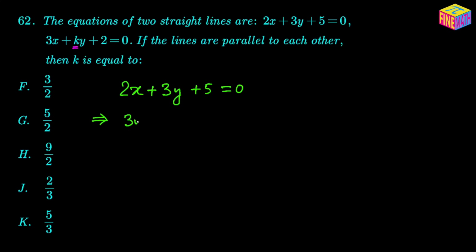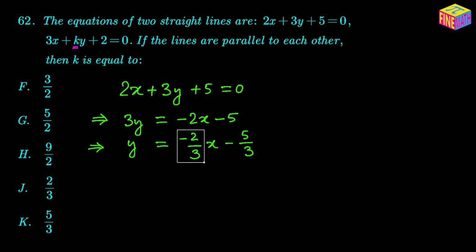So that would be 3y = -2x - 5, and if we divide both sides by positive 3, we will get y = -2/3 x - 5/3. So what is the slope of the first straight line? Well, the slope of the first straight line is this, which is -2/3.